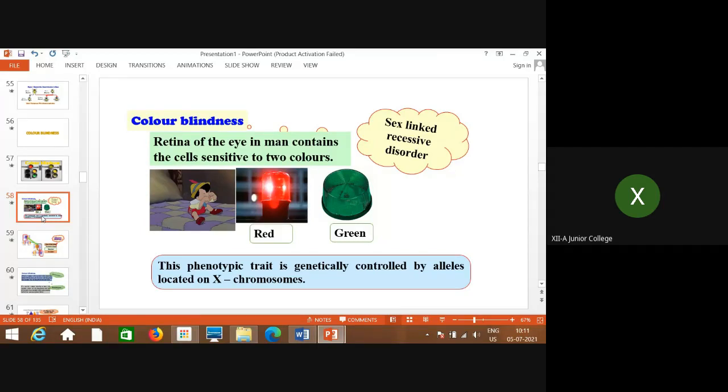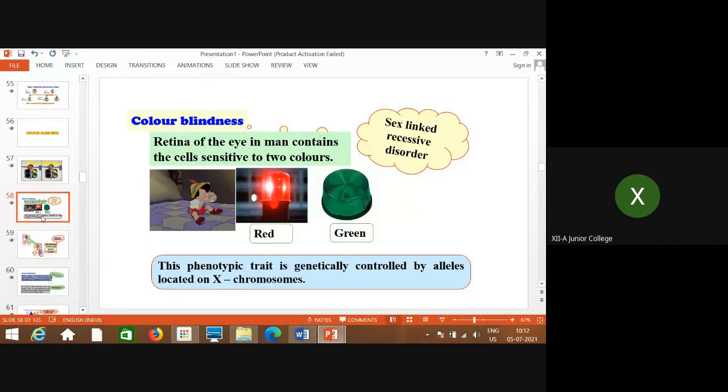What happens here? The retina of the eye in man contains cells sensitive to two colors, red and green. This phenotypic trait is genetically controlled by alleles located on the X chromosome. That's why this is called a sex linked recessive disorder. Why recessive? If the gene is homozygous dominant, that means the gene is normal.